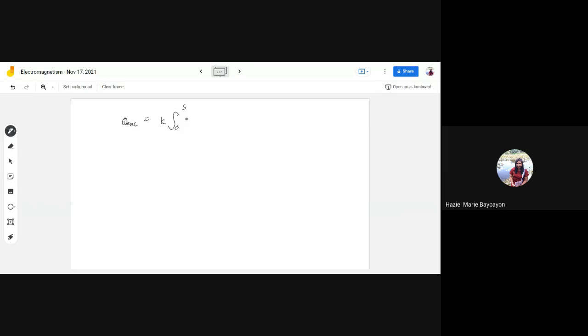We have the integral from 0 to S of s prime squared ds prime, then the integral of d phi from 0 to 2 pi, and the integral of dz from 0 to L. So Q enclosed is equal to 2 pi k L times the integral of s squared ds, which is one third s cubed. Okay, so this is our Q enclosed.